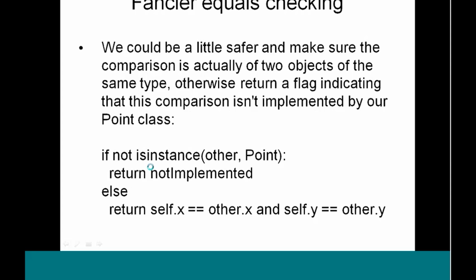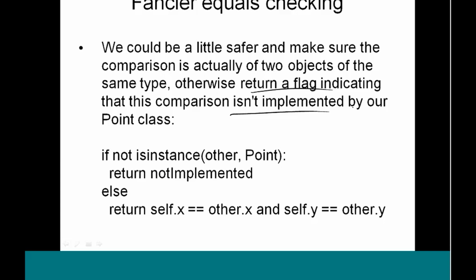One thing that we have to do whenever we do the comparison is make sure that the two objects being compared are of the same type. So we could be a little safer and make sure that the comparison is actually between two objects of the same type, and otherwise return a flag indicating that the comparison isn't implemented by our Point class.